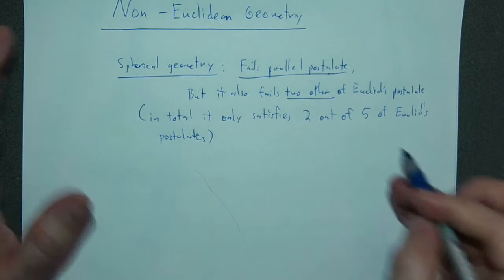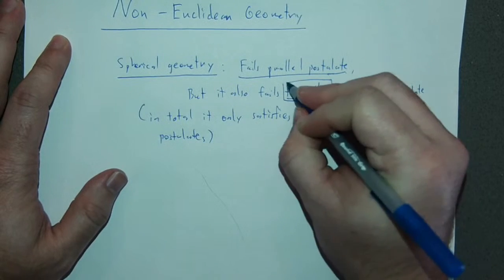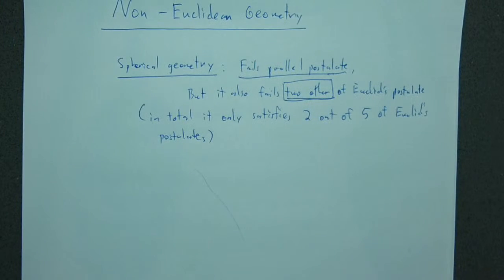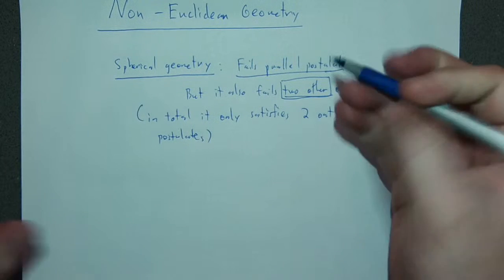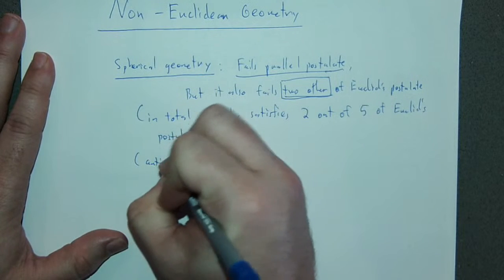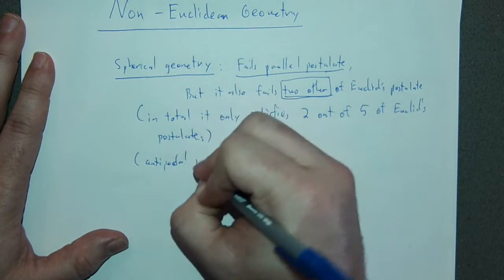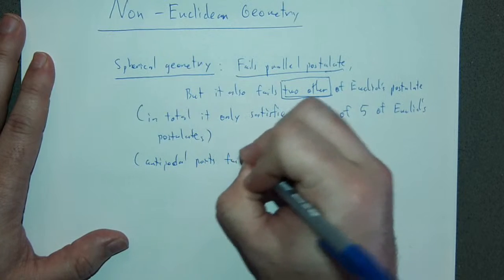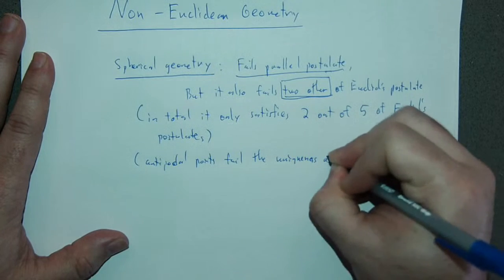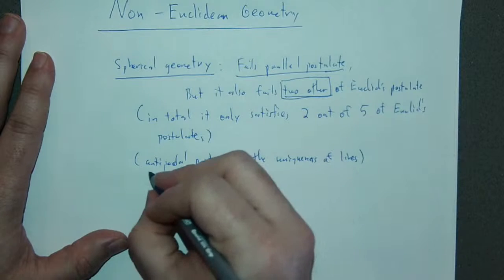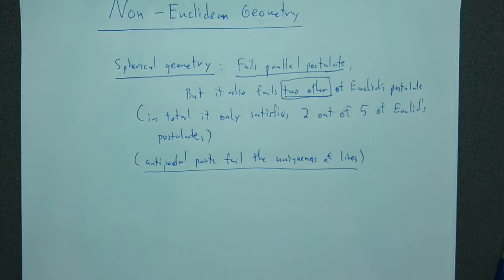So then what I'll say is, which of the 2 other ones does it fail? So the parallel postulate, you're familiar with that. There's also the postulate that between any 2 points, there's a unique line, right? So antipodal points fail the uniqueness of lines. If you choose antipodal points on your sphere, and you look at the, quote, lines between them, there's not just one, there's infinitely many, right?